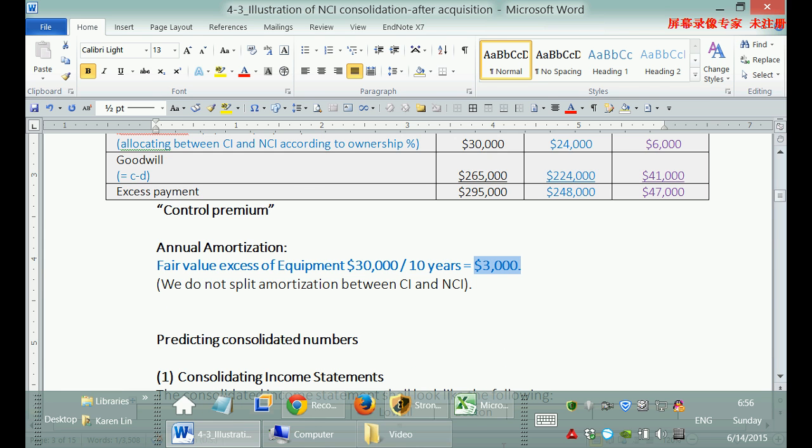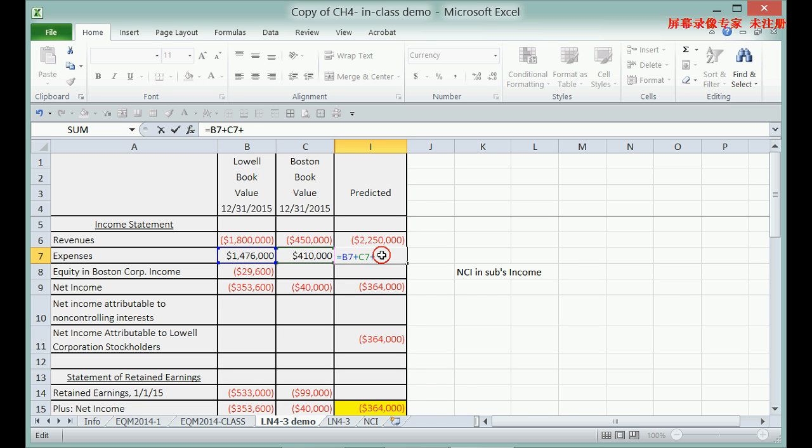So we need to add this 3,000 back to the expenses. Okay, and equity in subsidiaries earnings will be 0 because this is inter-entity. And the consolidated net income would be derived from the above, so revenue minus expenses.